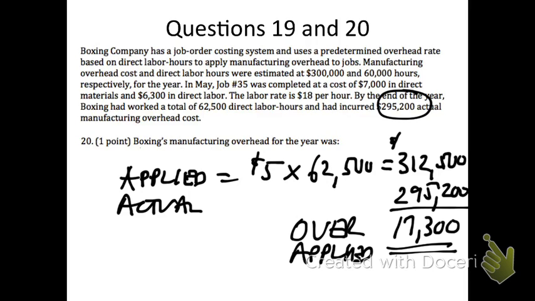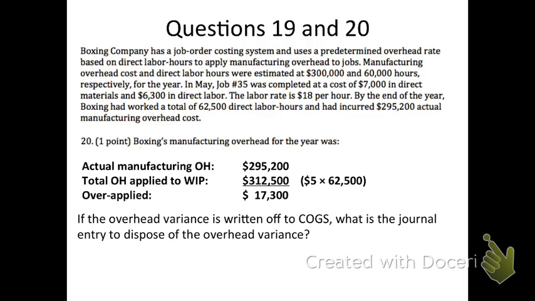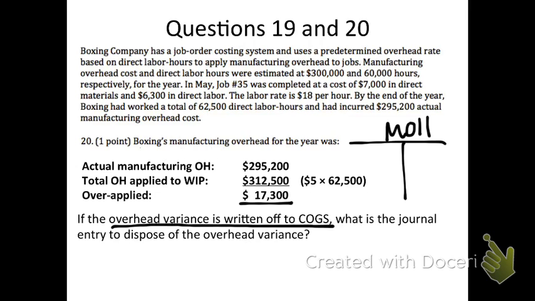And so you should be able to determine that the over-applied amount is 17,300, and if the overhead variance is written off to cost of goods sold, you should be able to determine what the journal entry is. If this is over-applied, your manufacturing overhead account has a credit balance. And so the credit balance means that, again, we have more applied overhead than actual.